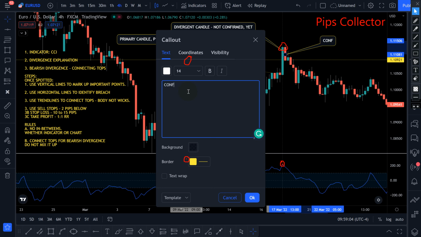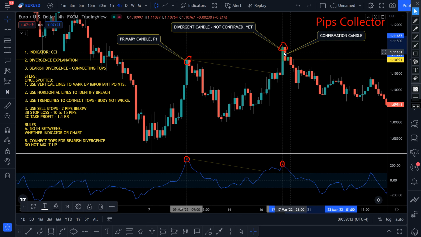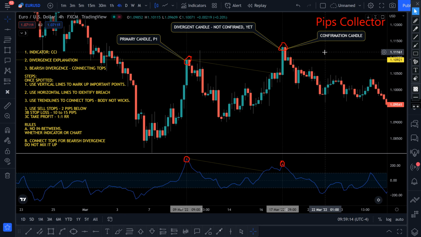Now, let me make this point clear. Since you are learning and for explanation purposes, I am taking my time to label it. Once you have gone through this lesson once, twice, thrice, because it's recorded, you will not need to be labeling this.